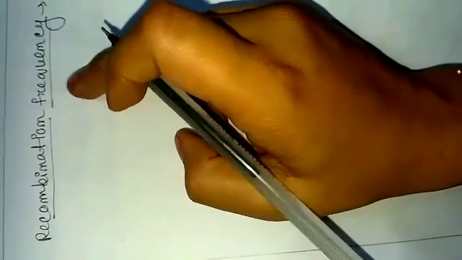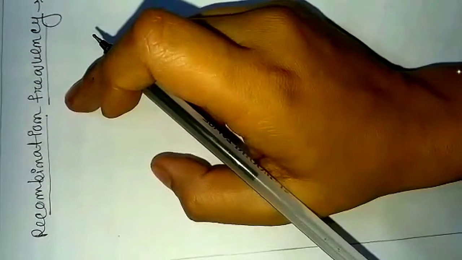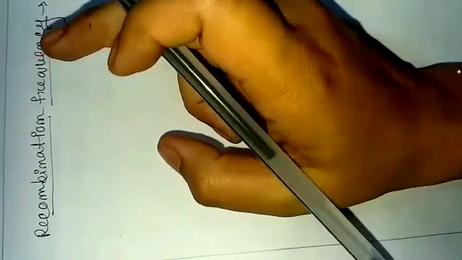Okay. And what is recombination frequency? It is the frequency with which a single chromosomal crossing over will take place between the two genes during the meiosis cell division.